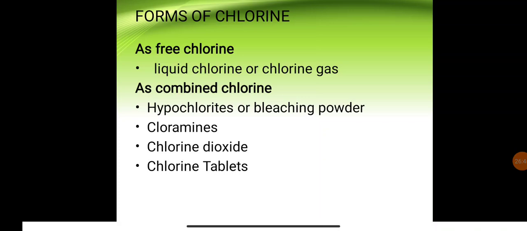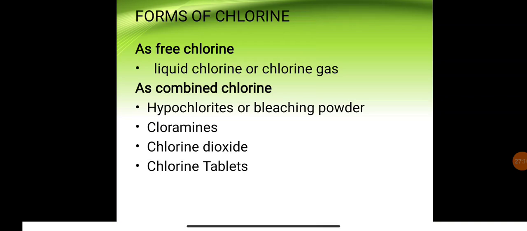And what are the forms of the chlorine? Here the chlorine can be applied as free chlorine, using liquid chlorine or chlorine gas. And as combined chlorine, we can use hypochlorites or bleaching powder, chloramines, chlorine dioxide, chlorine tablets.